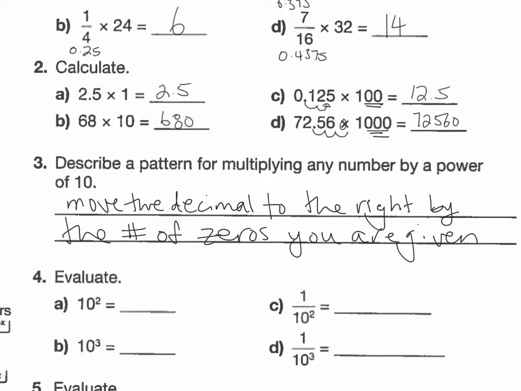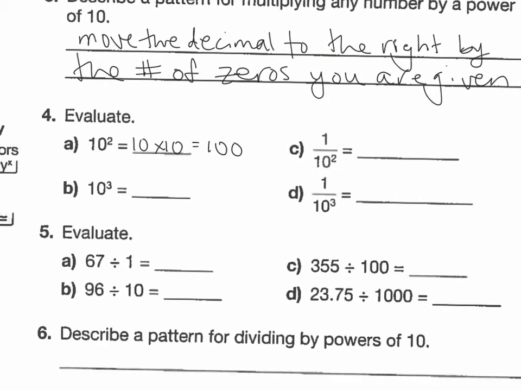Evaluate 10 squared. Well, 10 squared is the same thing as 10 times 10, which is, well, we've got 1 zero here, so we move it once, is 100. 10 to the 3 is the same thing as 10 times 10 times 10, which is 1,000. All right, so this 0 here moved it once, and then we have another 0, so we moved it again. So we ended up with 3. 1/10 squared.